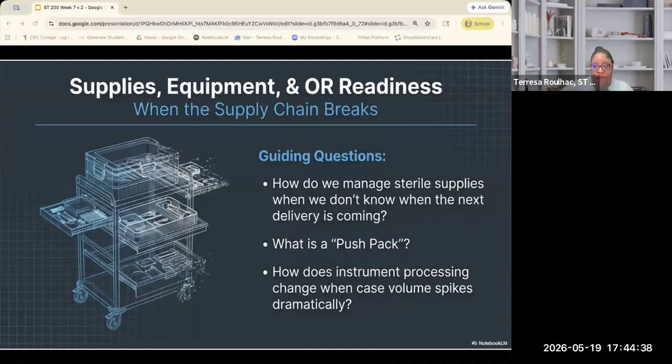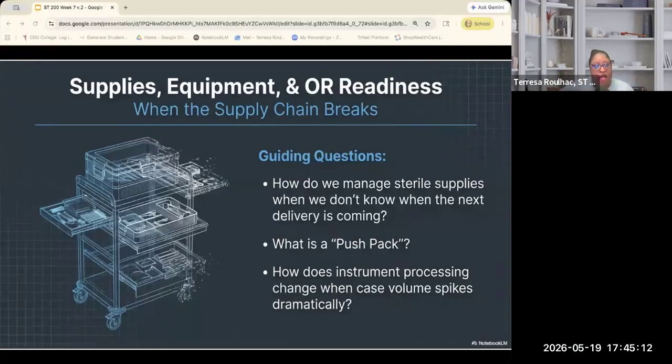Inventory. We know SPD is overwhelmed. We're still going to talk to them and see where they are in the process. We're definitely not going to just be throwing 16 cases in at a time. We've got to prioritize. And we're going to avoid unnecessarily opening our supplies. Opening supplies just in case becomes something that we can't afford in this particular scenario.